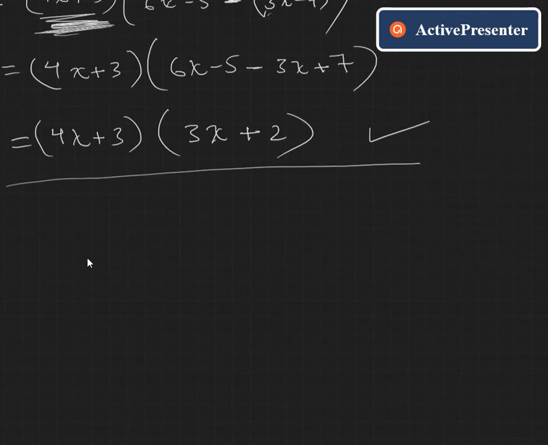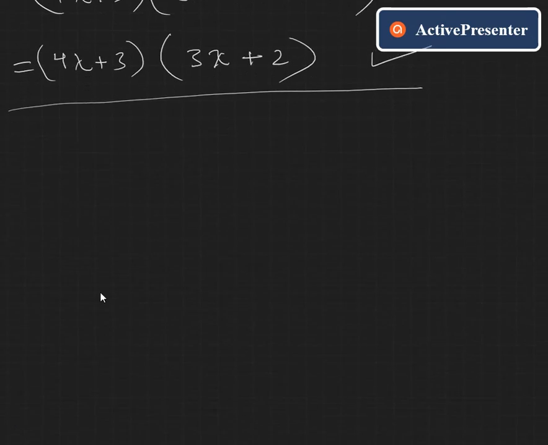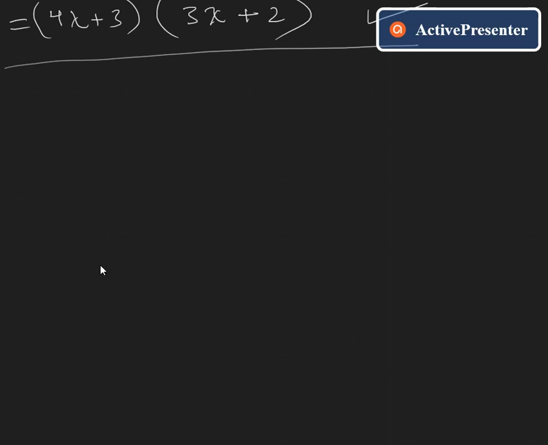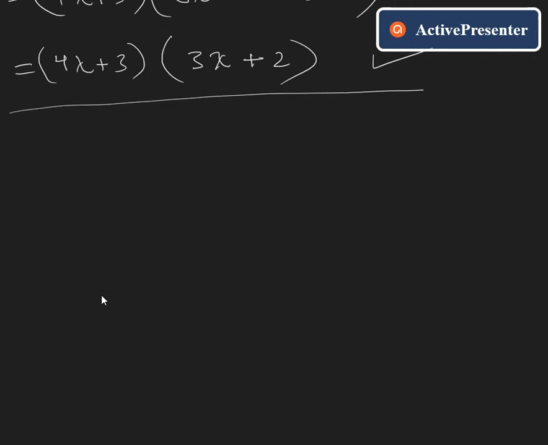Let's say if we have 6a cubed b squared minus 12a squared b plus 72ab cubed.